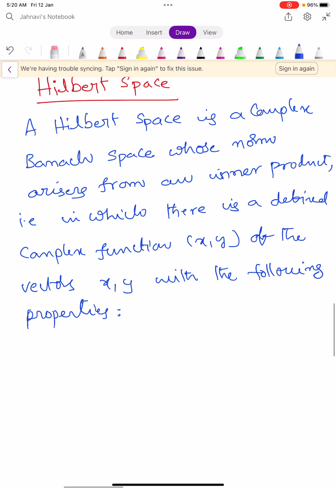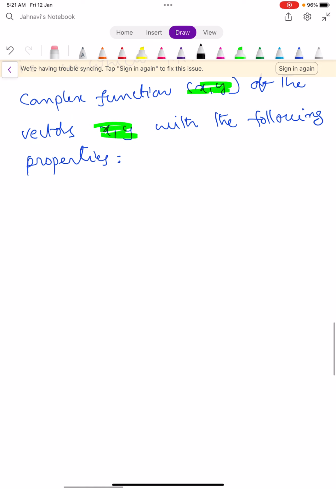A Hilbert space is a complex Banach space whose norm is defined by an inner product, a complex function x comma y of the vectors x comma y, in the sense that they satisfy the following three properties.